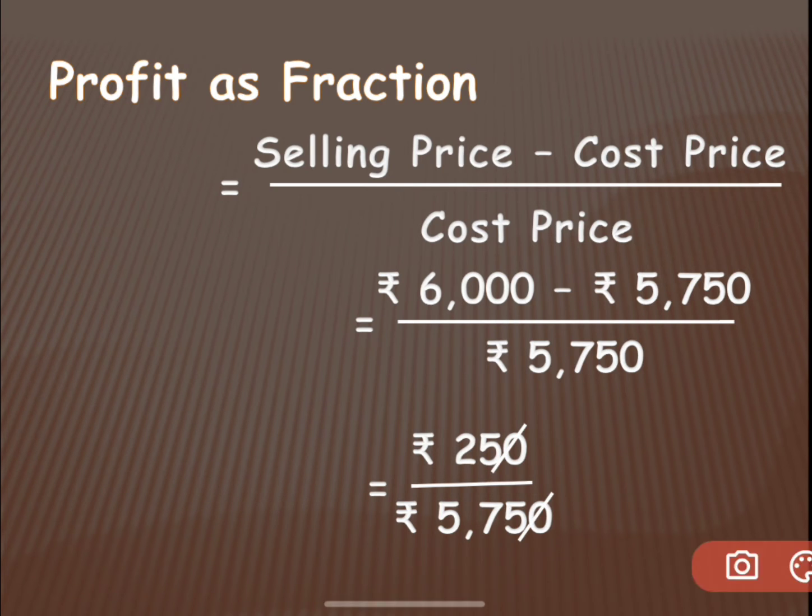Now children, you can either check whether you have 575 in the 25 table or not, or otherwise you can go with the 5 table, because after cancelling zeros you have 25 and 575. In both you have 5 in the ones place, in 25 and in 575. That means both the numbers are divisible by 5.